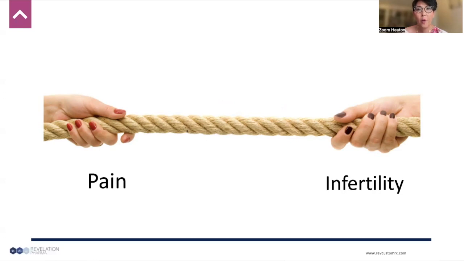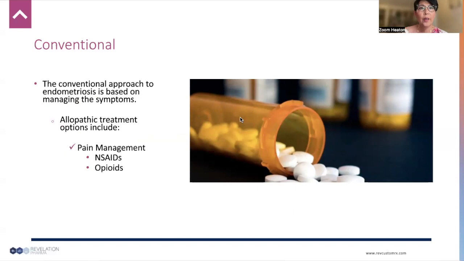And if we support fertility goals, then hormones can flare and aggravate the pain. So, this is why treatment should be really tailored to the goals of the individual, as well as looking at the underlying triggers in order to support the body holistically to better manage the condition for an optimal quality of life. We're going to start out with conventional therapy.